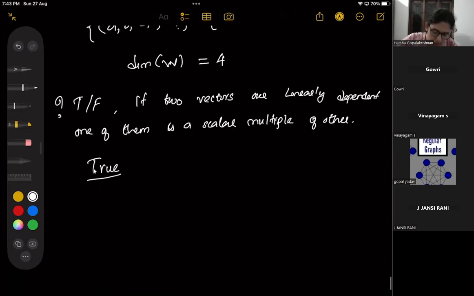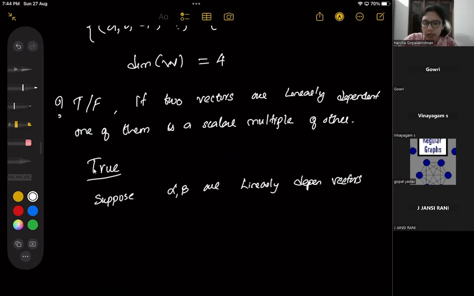Suppose alpha and beta are linearly dependent vectors. Now, linearly dependent means what? By definition, what is the definition of linearly dependent?